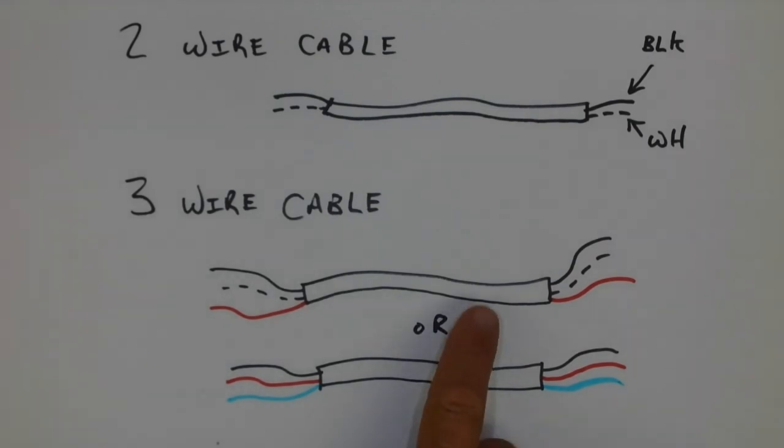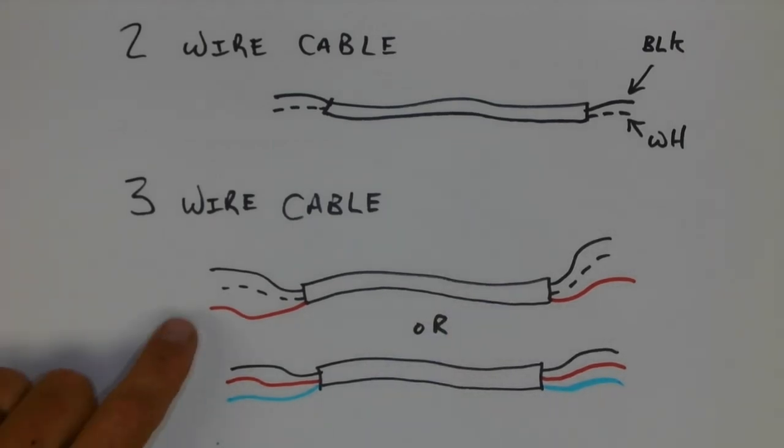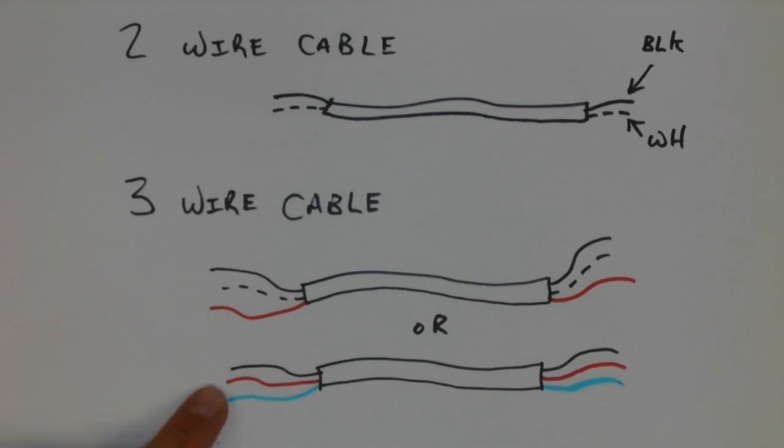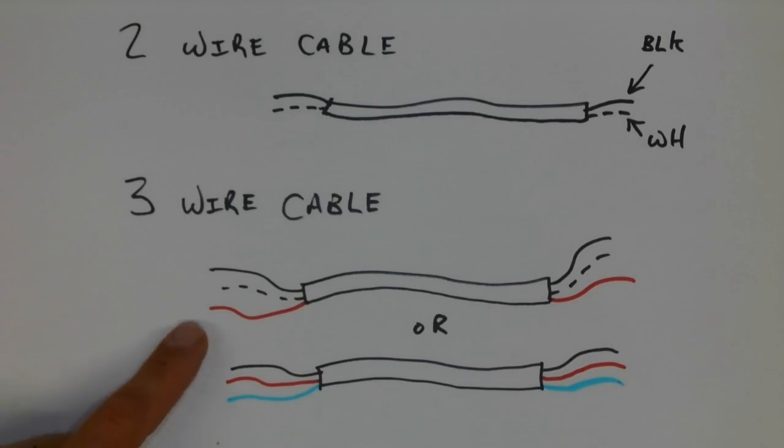The 3-wire cable below you see is in two different variations. Those of you who do residential will recognize this one as a typical Lumex or Romex 3-wire cable, red, black, and white. Whereas down here, if we were using BX on an industrial site, or maybe Tech or ACWU, a 3-wire cable has the option of coming in either red, black, white, or red, black, blue.